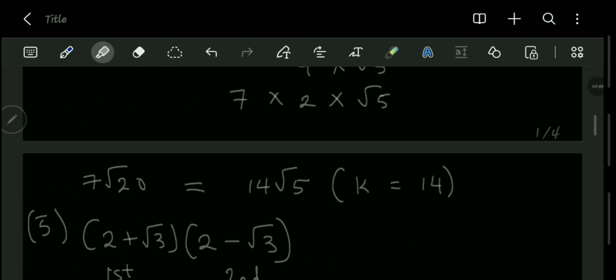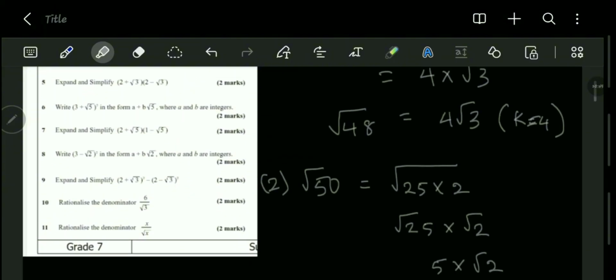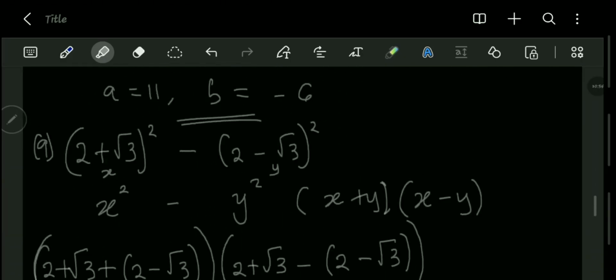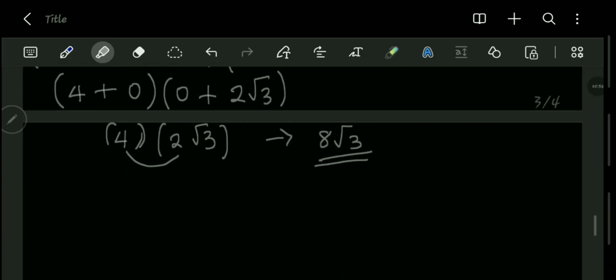Alright, so for the next question, we are asked to rationalize the denominator. I'm having 6 over √3. That should be question 10. 6 over √3. I'm just going to multiply both numerator and denominator by the denominator. We've discussed this before, right?